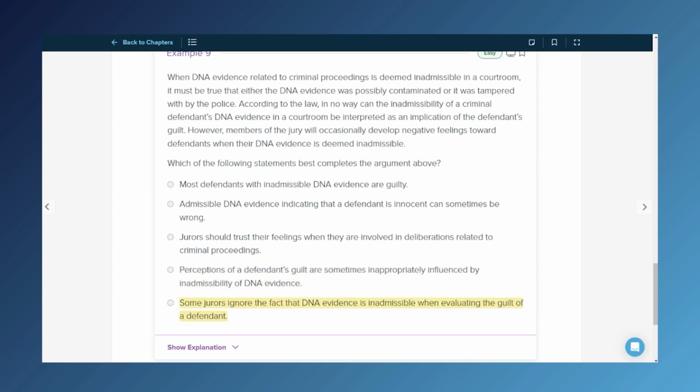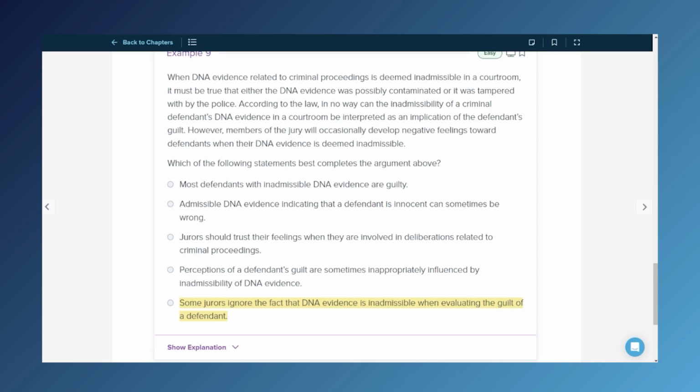E, therefore, some jurors ignore the fact that DNA evidence is inadmissible when evaluating the guilt of a defendant. This one is a bit tricky, but it is an overreach. The argument states that jurors can judge defendants negatively if DNA evidence in their case is deemed inadmissible, but this choice is stating that those jurors are straight up ignoring that the evidence is inadmissible.